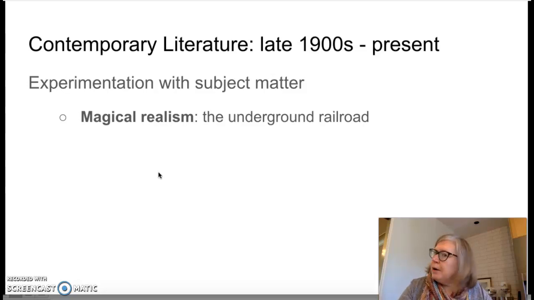So, Harry Potter is not an example of magical realism because the whole world of Harry Potter is magical, right? That is fantasy. Magical realism occurs when the rest of the novel is realistic, but then you have just these moments of magic or supernatural things that are unrealistic.